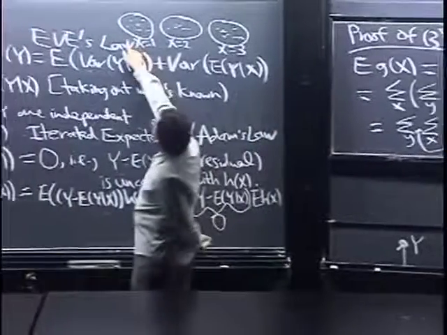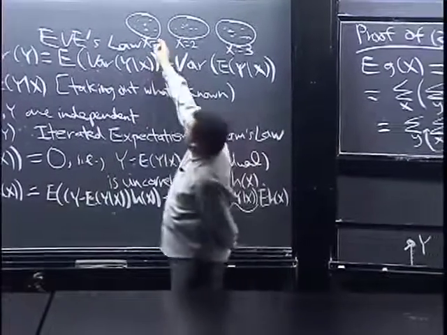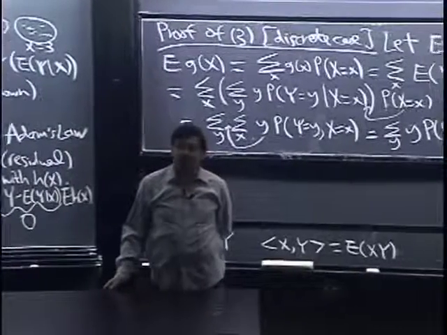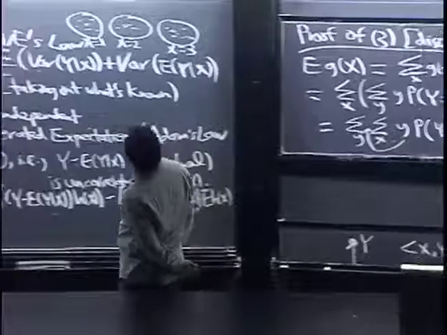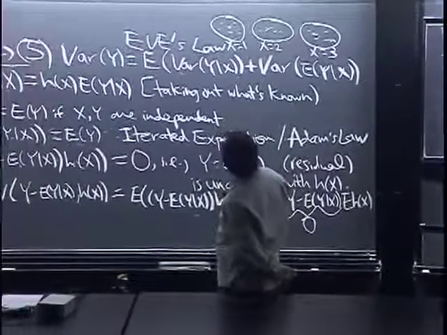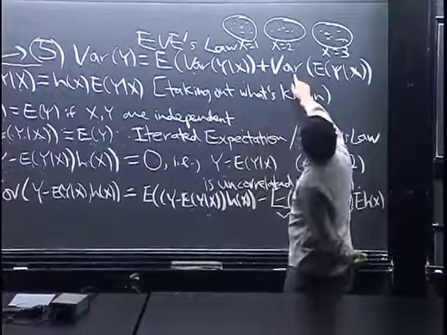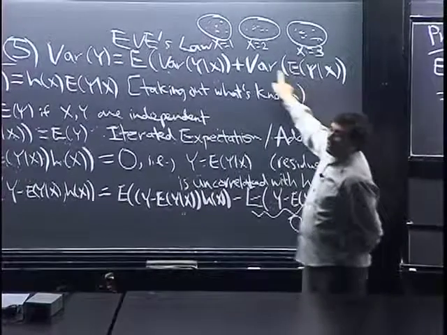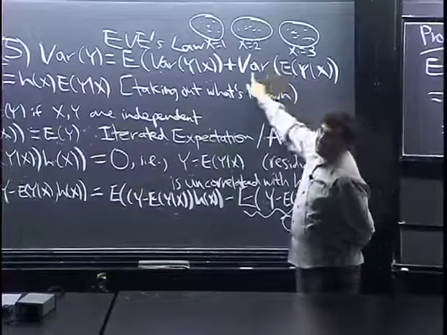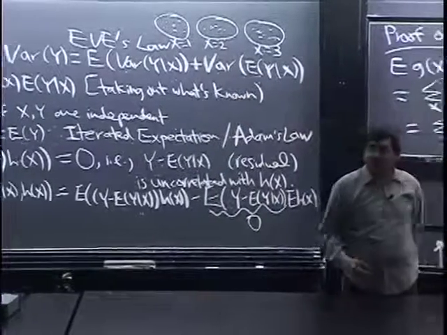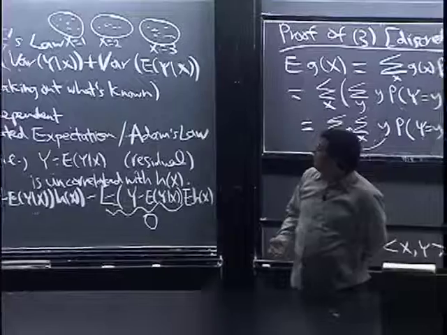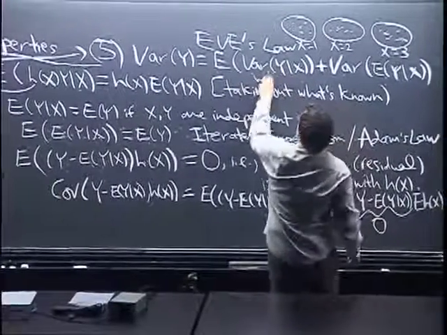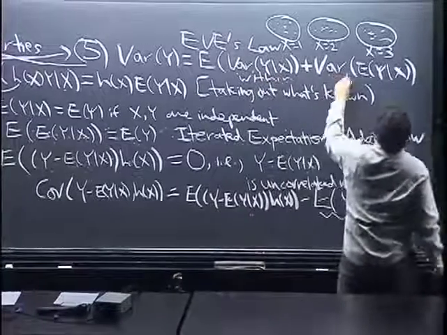So if we do E of y given x equals 1, that would just be the mean for this population, right? So really what this says is, this term here is saying look at the average within each population, and then take the variance of those numbers. So that's really looking between populations, and this other term is saying look within each population. This one's within, this one's between.